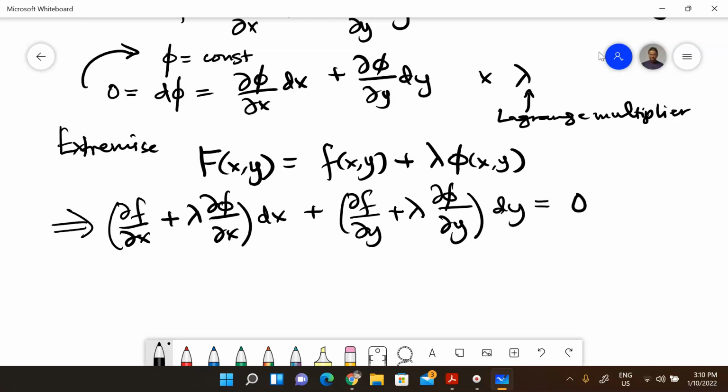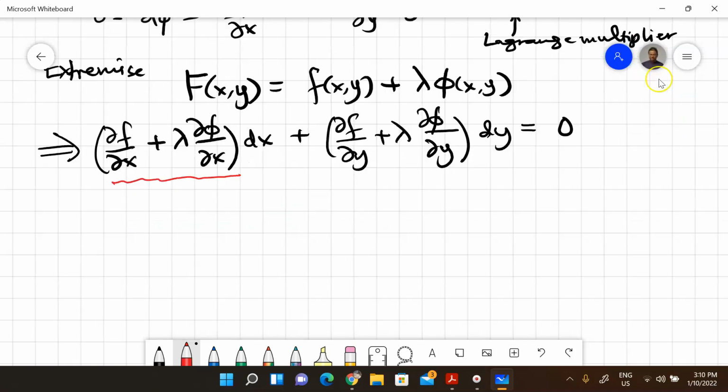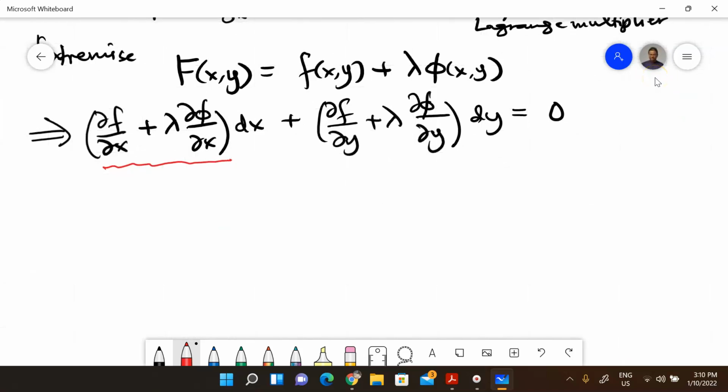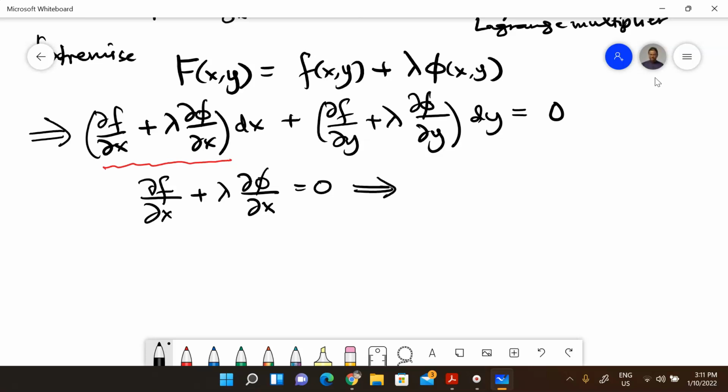So the idea here is essentially you can take this, for example, and equate that to be equal to 0. So there you get an equation: partial f partial x plus lambda partial phi partial x equals 0, and then one can solve for lambda.